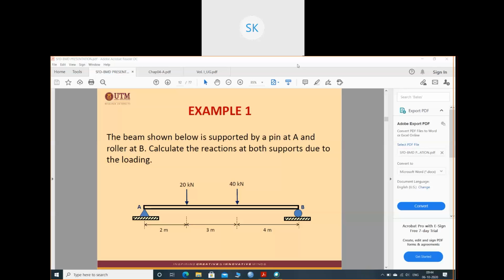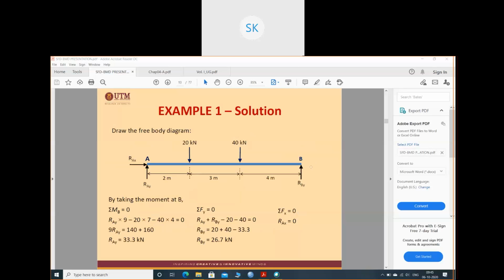Okay. Good, Rohini. Anyone else? Okay. So see the figure. Raju, Rohini, good. Okay, move on.